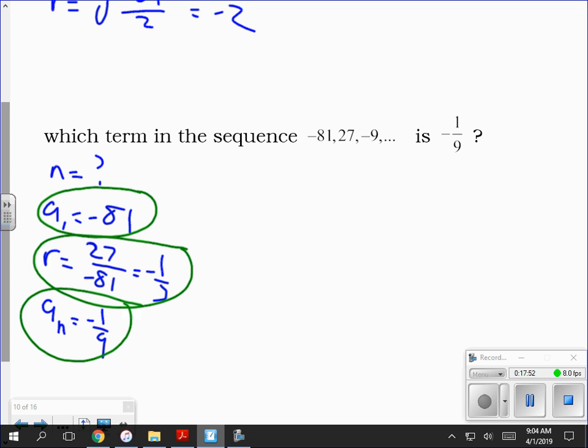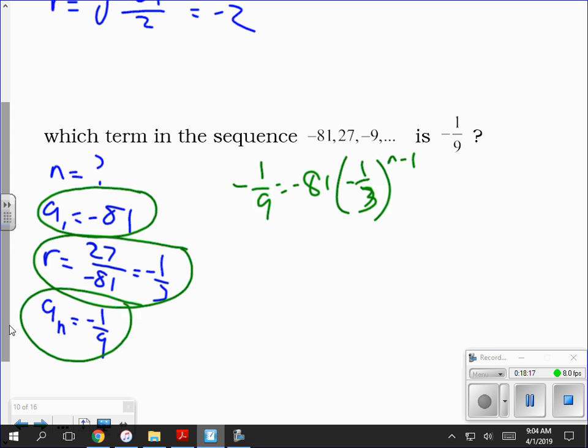So the nth term, -1/9, is equal to a sub 1, -81, times R, -1/3, to the n minus 1 power. This is a pain, to put it nicely. There are two ways to do this, but your first step is exactly the same in both of them.